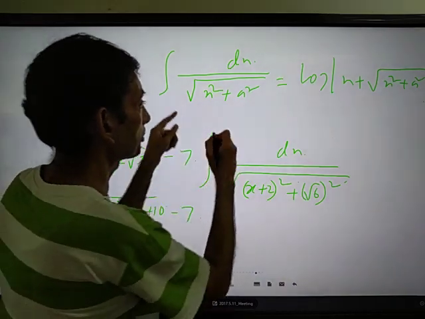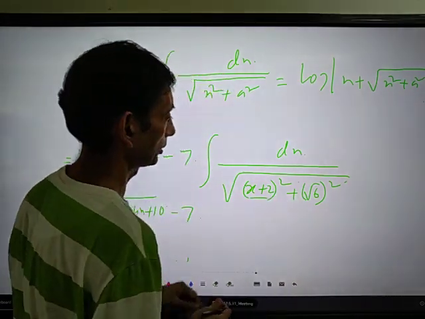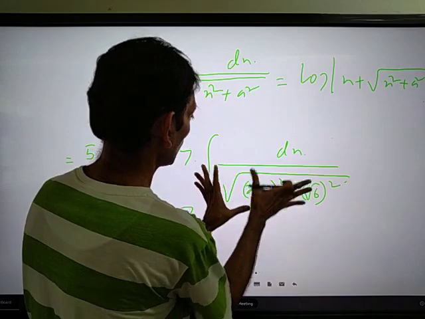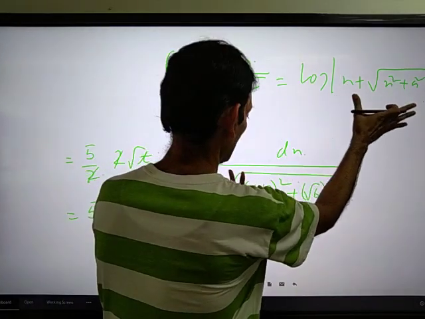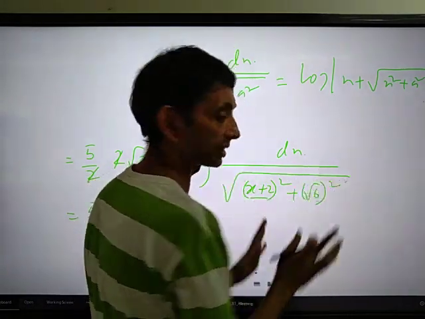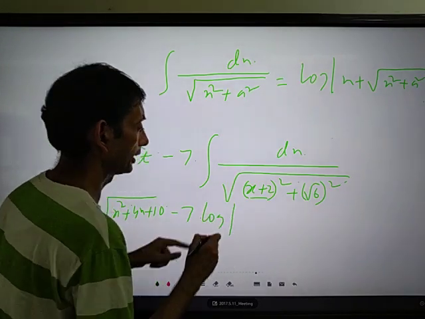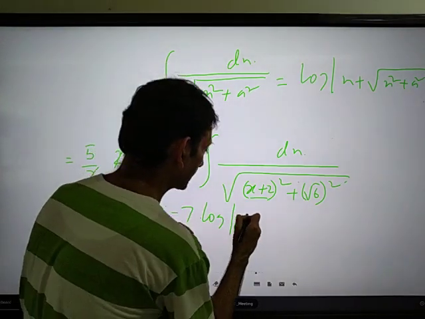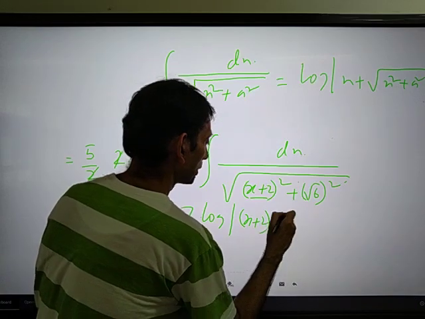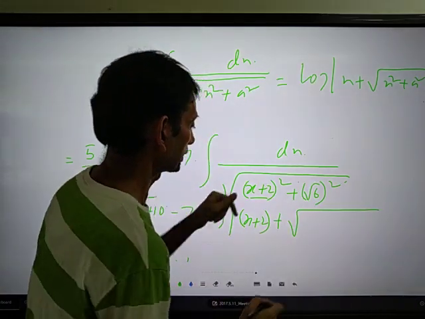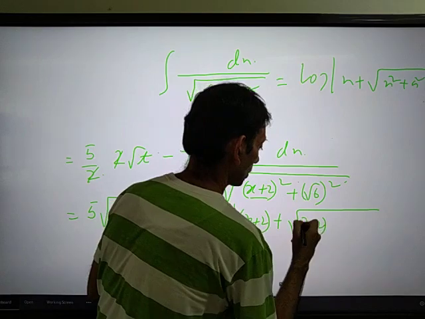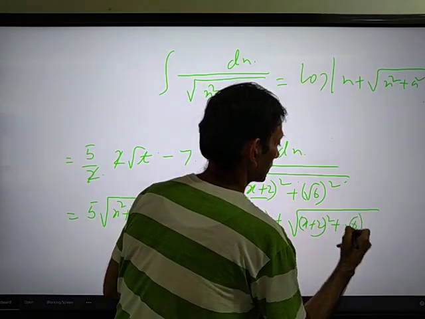So here, in place of x, x plus 2 is there. You can use the same formula for this integral too, because the differentiation of x plus 2 is dx. So this gives you log of x, where x means x plus 2, plus root of x plus 2 whole squared plus root 6 whole squared.